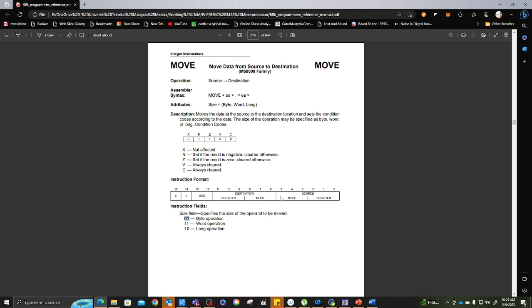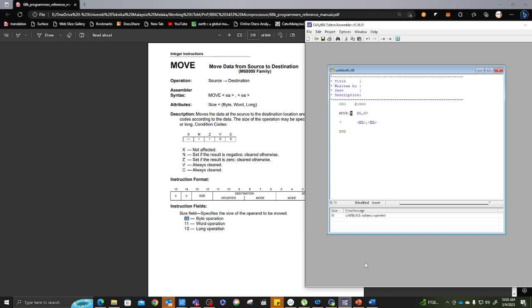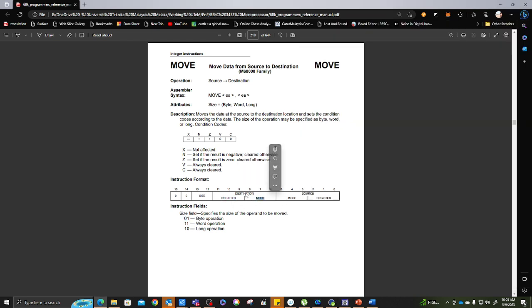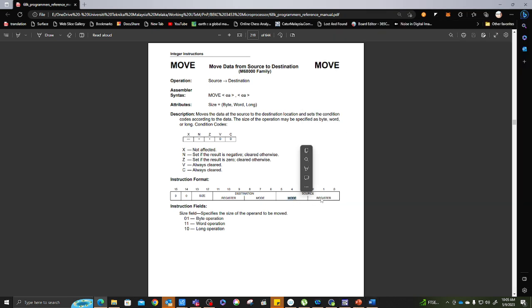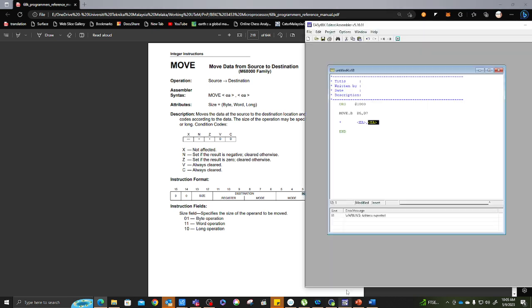Then you have two parts, destination and source. You get the register and the mode for the destination first, and then the mode and register for the source. So where do we get this information?